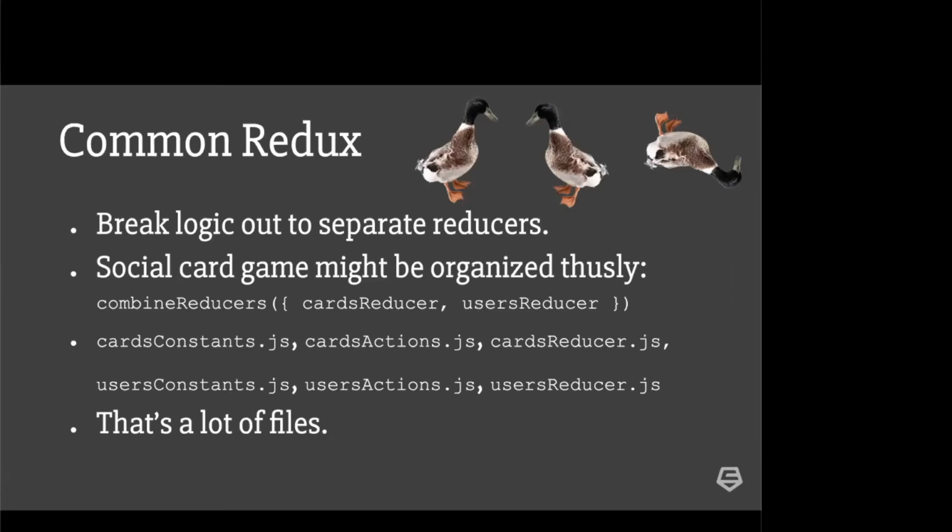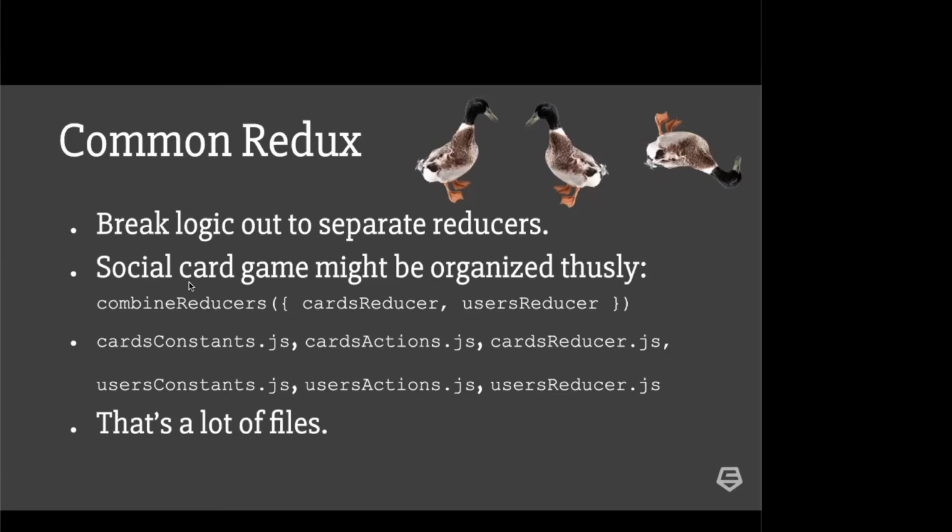So moving beyond basic Redux, when you are in any sort of real world situation, you are going to end up with a lot of different actions, a lot of different action creators, and potentially one massive reducer, right? Where you switch over every single action name that could possibly happen. And inside of that, maybe you want to switch over the payload of those actions. So it's common to break out logic to separate reducers.